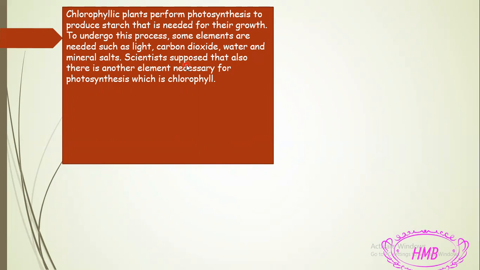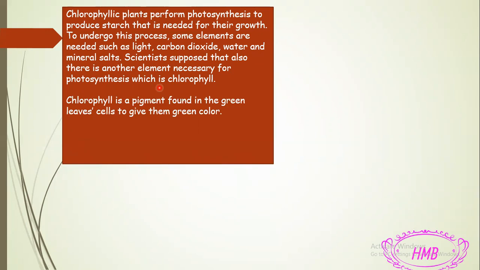Scientists supposed that there is another element necessary for photosynthesis, which is chlorophyll. So scientists said that not only carbon dioxide, light, water, and mineral salts, but they suppose an extra element, which is the presence of chlorophyll.